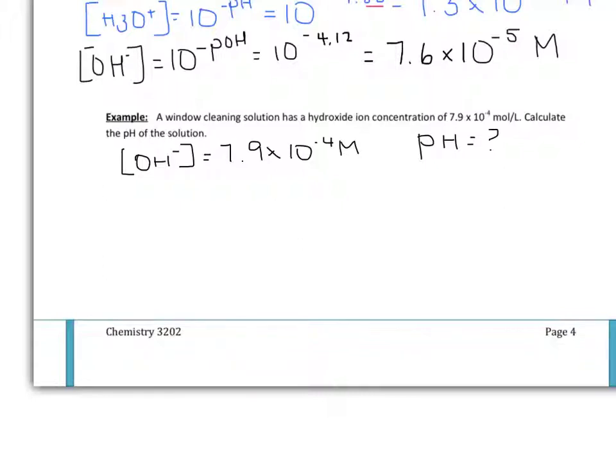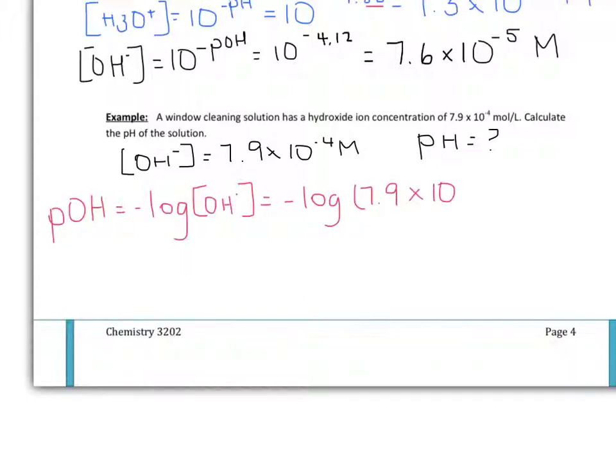You could use the KW expression to find the hydronium ion concentration and from that find pH. Or you can take the hydroxide ion concentration and find the pOH and from there find the pH. Either path you choose is perfectly acceptable. I'm going to find pOH by using negative log of OH minus, which is negative log of 7.9 times 10 to the negative 4.